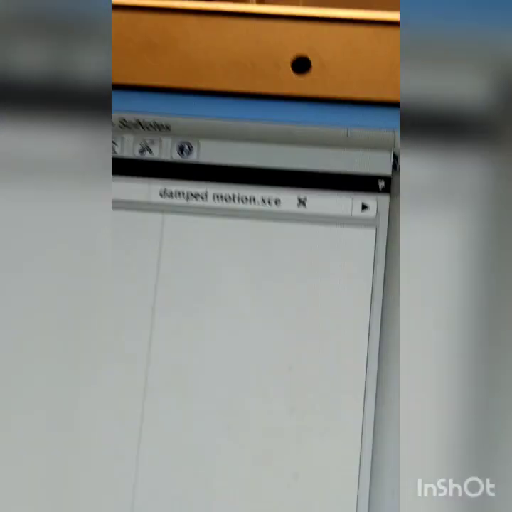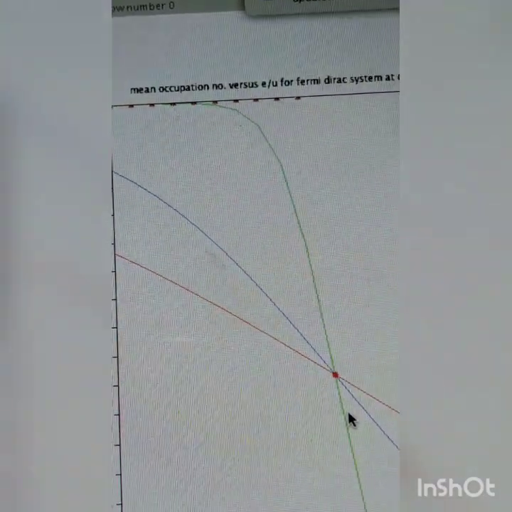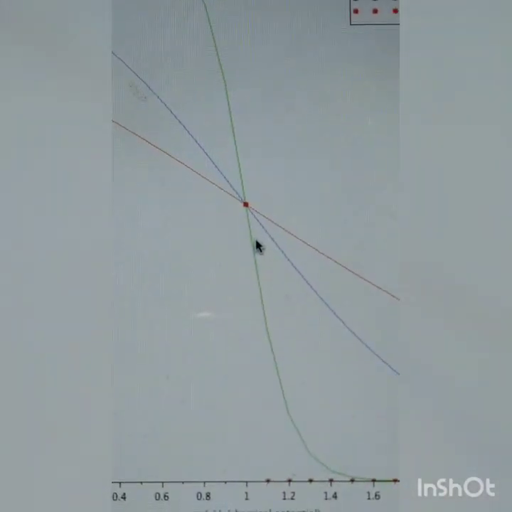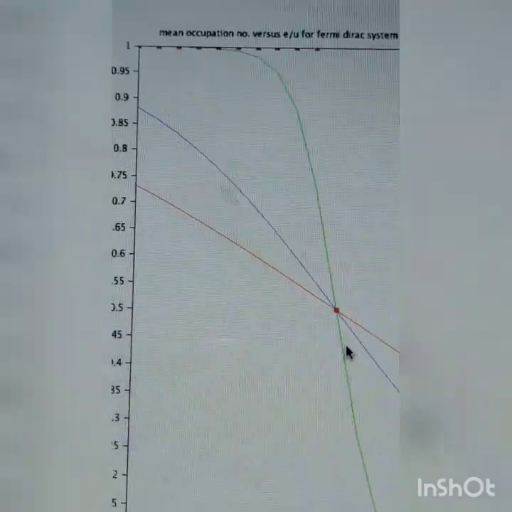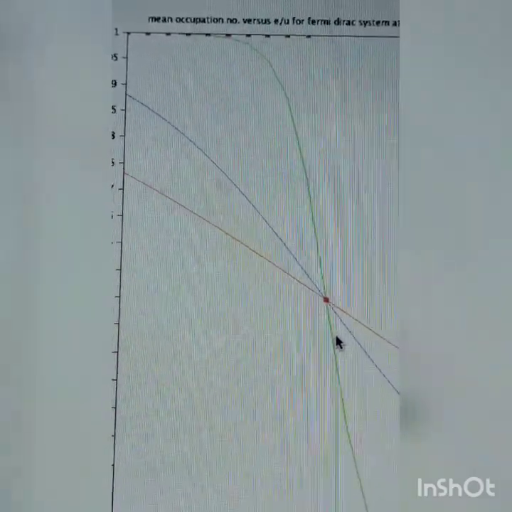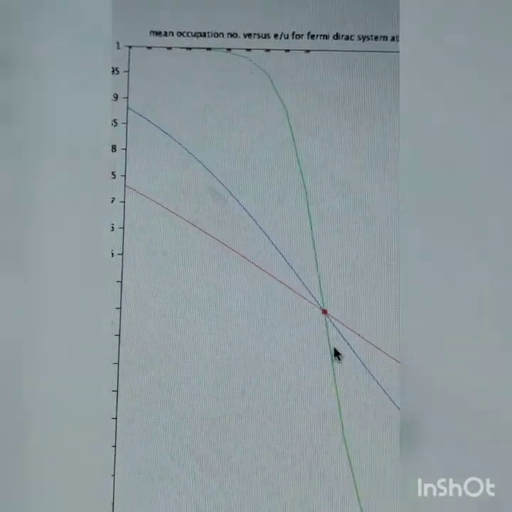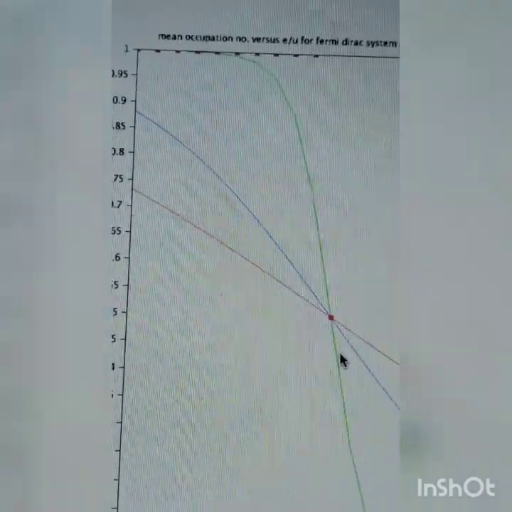Then the graph changes slightly, because this gives you the red graph, but it is superimposed on the black dots. So this is not so clear, where in the earlier graph red and black dots had come differently, but here it is overlapping. So by changing the interval, you can get better graphs, and it depends on you.